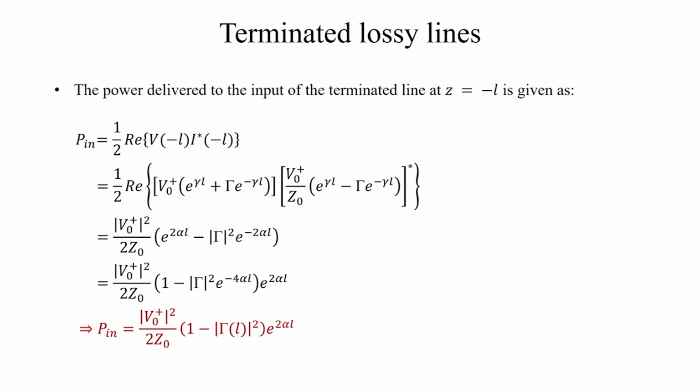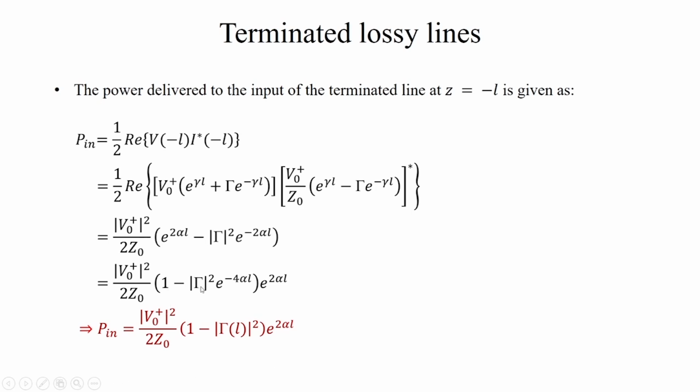Now, if we use our earlier relation, that the magnitude of gamma at Z equal to minus L is equal to the magnitude of gamma times e to the power minus 2 alpha L, then we can represent it here.